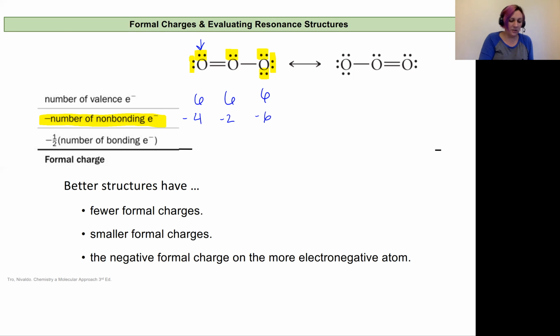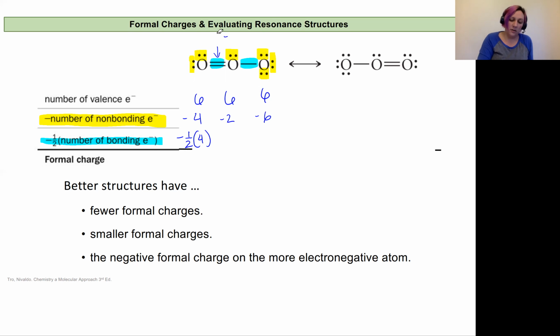Now I'm going to subtract half the number of bonding electrons, looking at each of these bonds. The first one has 2 bonds to that central oxygen, and there are 4 electrons there, so it's minus half of those 4 bonding electrons, or 2.